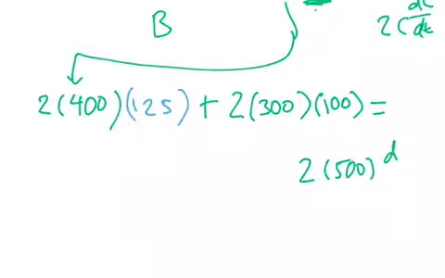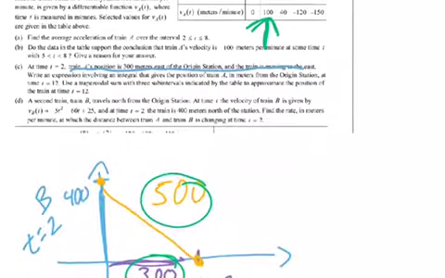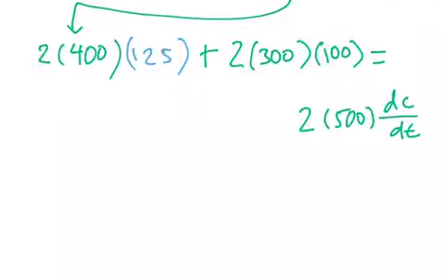And now we can solve for dC/dt. Well, what is dC/dt? Well, dC/dt is the rate of the distance between them. Okay, so that's what we were actually asked to find. Now we can solve for it. And so now all I gotta do is clean this up.